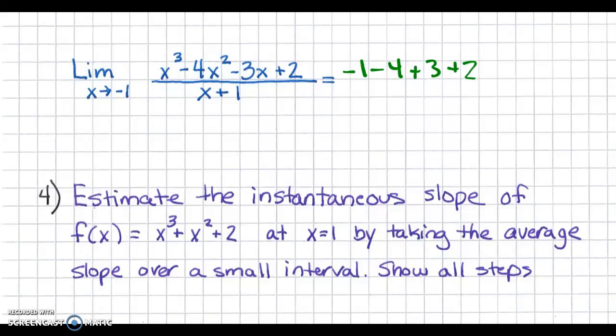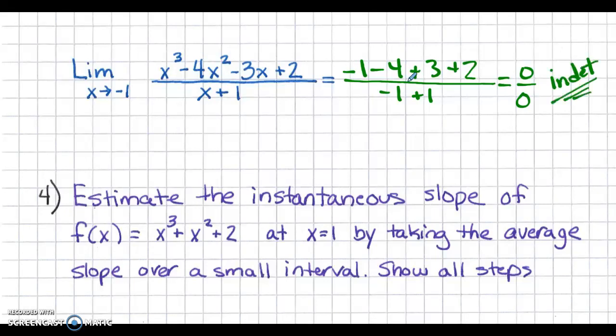Filled in right. And I get -1 plus 1 on the bottom. And if I work those things out, I end up with 0 over 0, which is not the same as the problem before. This is indeterminate.